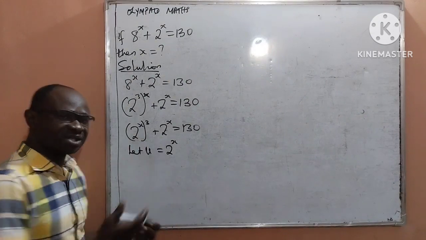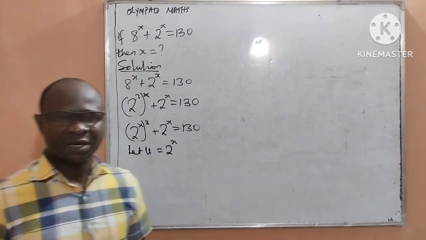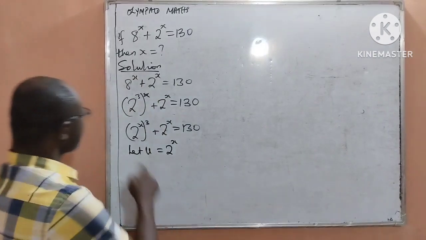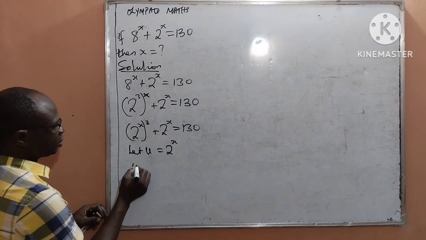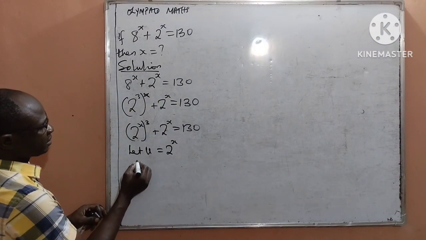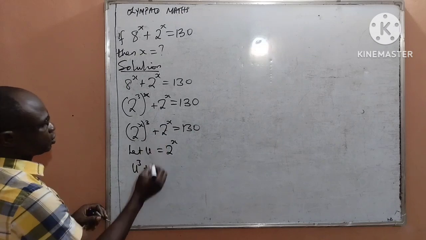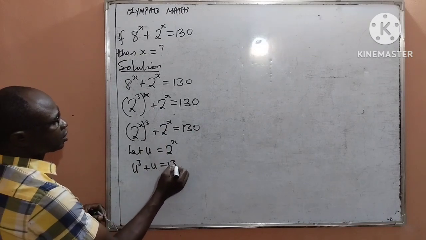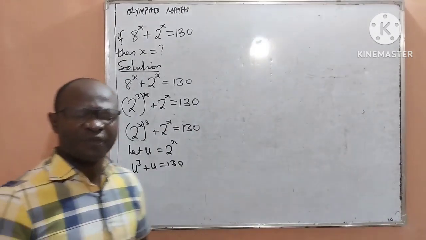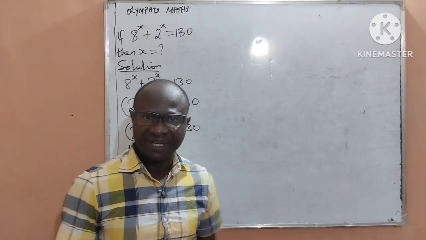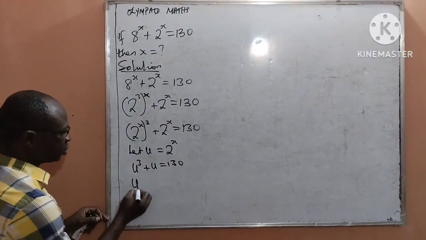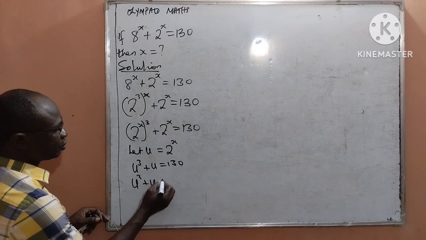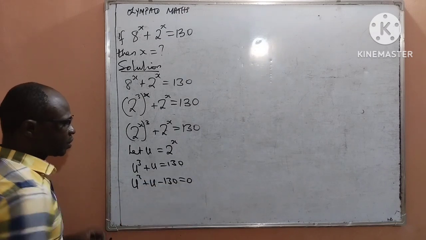That means anywhere I see 2 raised to the power x, I can replace it with the letter u. And that means from here, it will be u raised to the power 3 plus u is equal to 130. Moving 130 from the right hand side to the left hand side, it is going to be u raised to the power 3 plus u minus 130 is equal to 0.